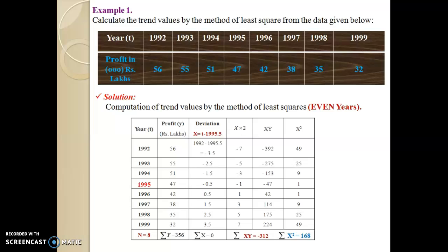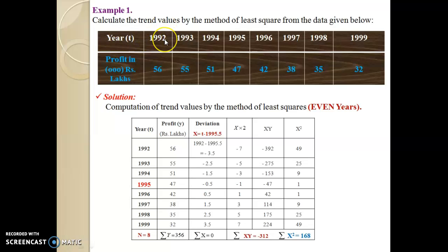Calculate the trend value by the method of least square from the following data. Here the data is for the years 1992 to 99. This is data for 8 years, that is even data, and the corresponding values are the profit in 1000 rupees lakh.